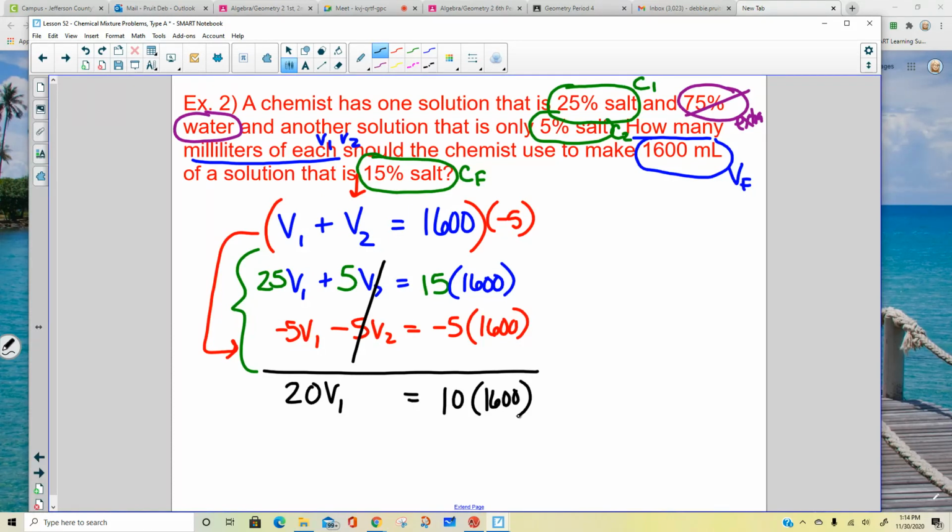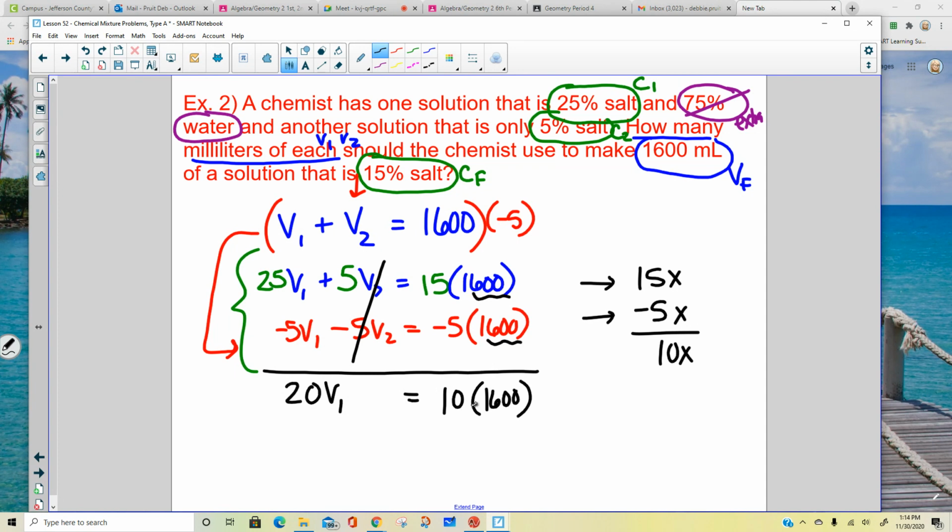Okay, so this is kind of a little algebra trick that I'm showing you. And it works because I have the 1600 that's the same. Think of that as x. If I turn the 1600 into an x, would you agree with me that this would be true? 15x minus 5x equals 10x.